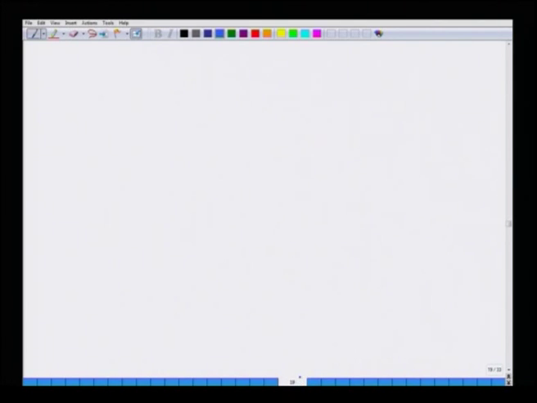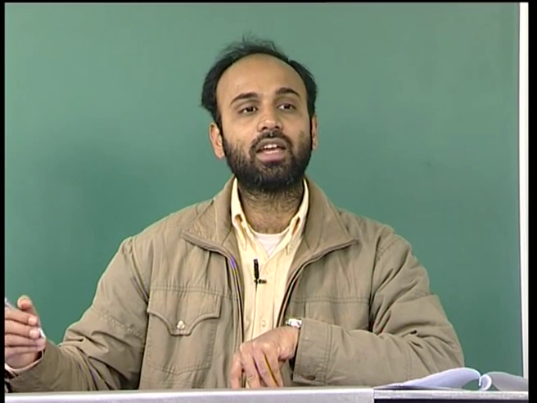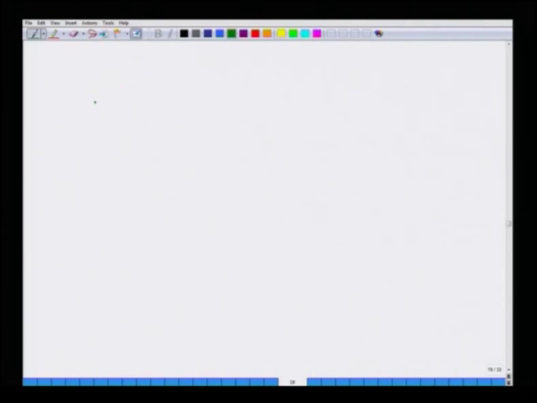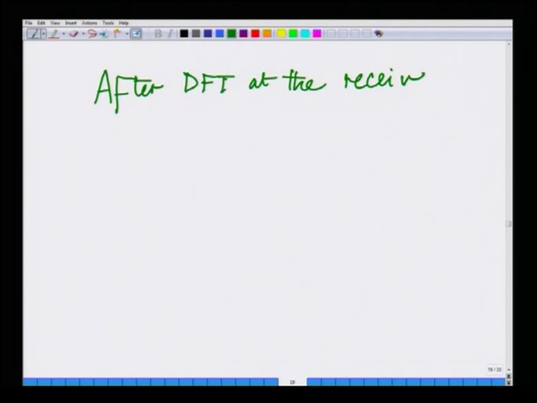Now, let us consider a DFT. What happens when we take an FFT of these received symbols with a carrier frequency offset at the receiver? Similar to what we did before, we want to compute Y_L, which is the received symbol across the Lth subcarrier.